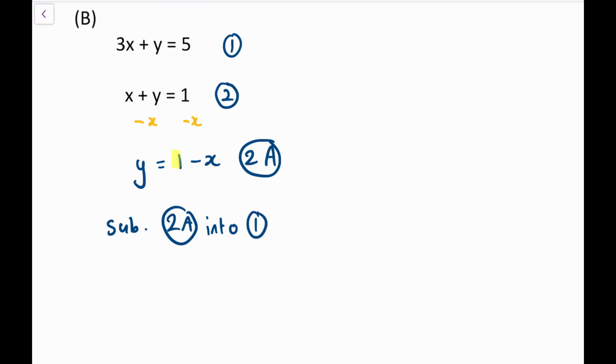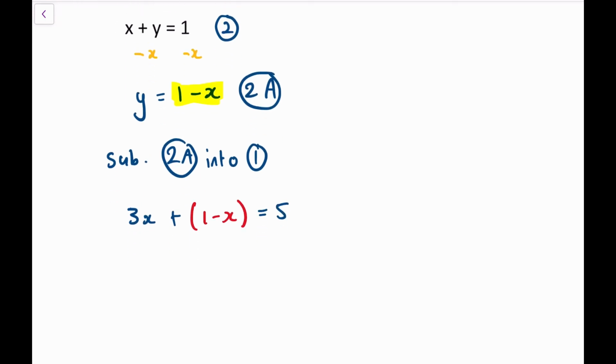That's substituting 1 minus x where y is. So I'm rewriting equation 1 now. I have 3x plus, now I said it was y, but instead of y, I'm writing the 1 minus x, and this is equal to 5.